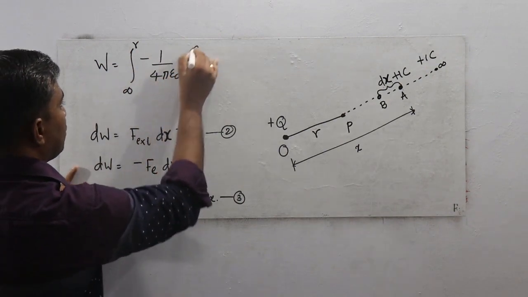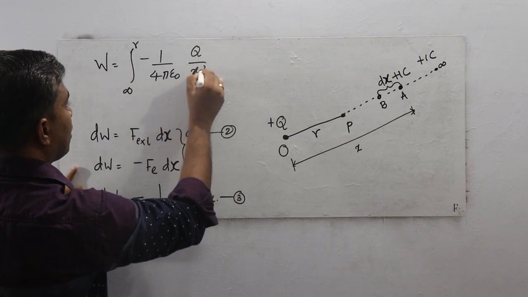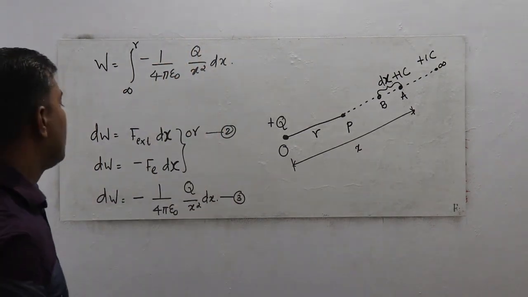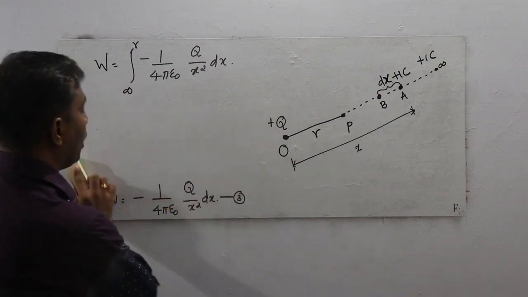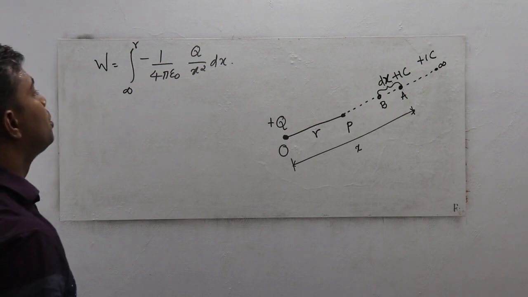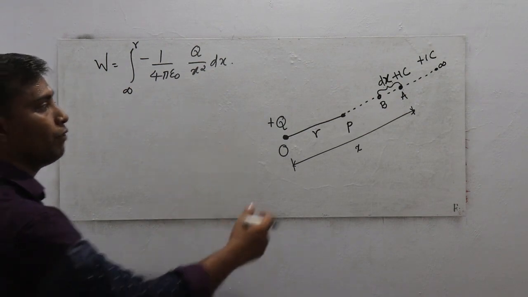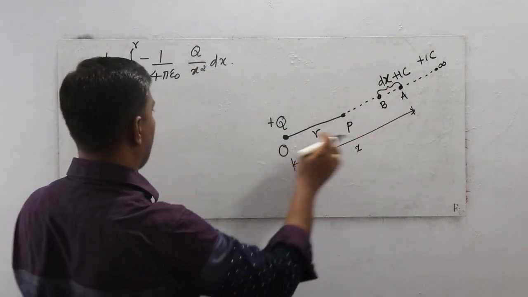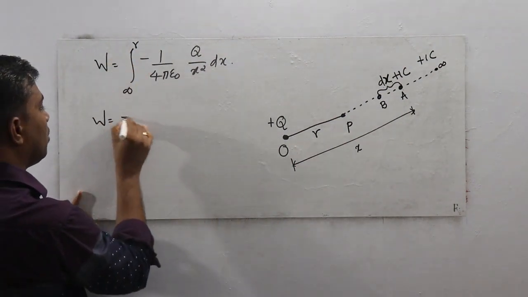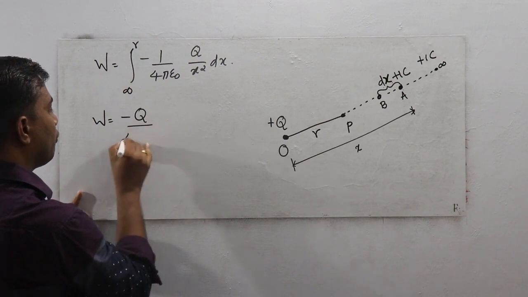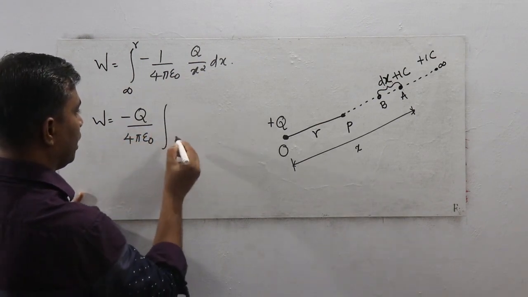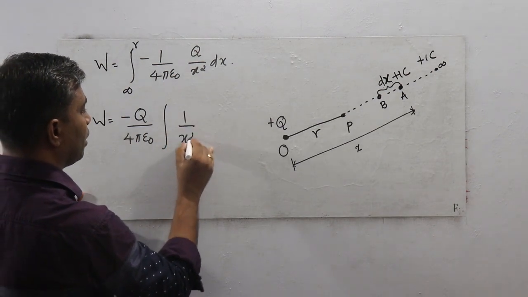That is equal to -1/4πε0 Q/x² dx. Okay, here 1/4πε0 is constant, Q is constant, and x is varying when we are bringing the charge. So the constant terms we are taking outside, so work done is equal to -Q divided by 4πε0 integral 1/x² dx.